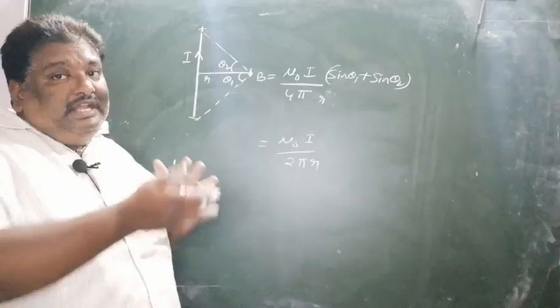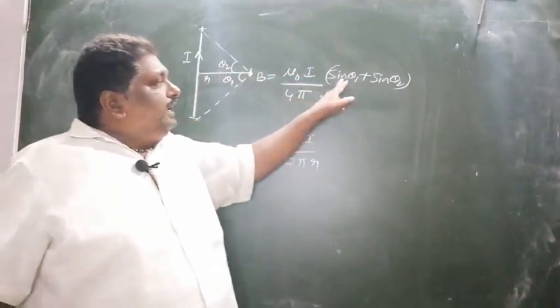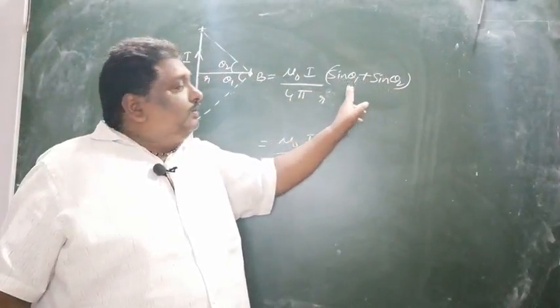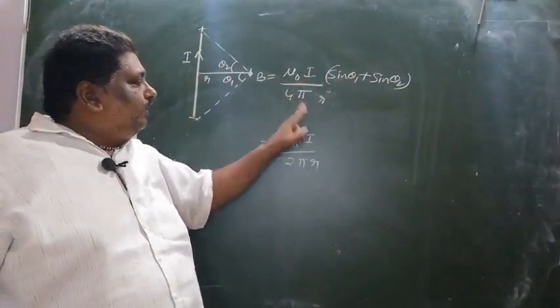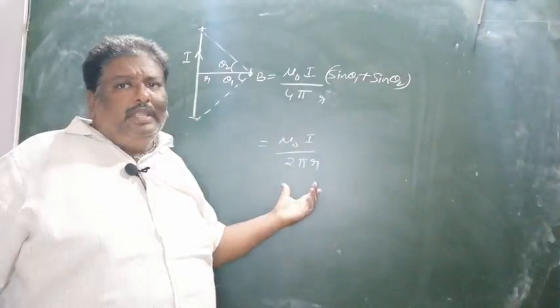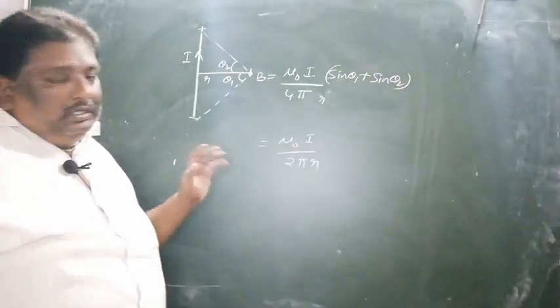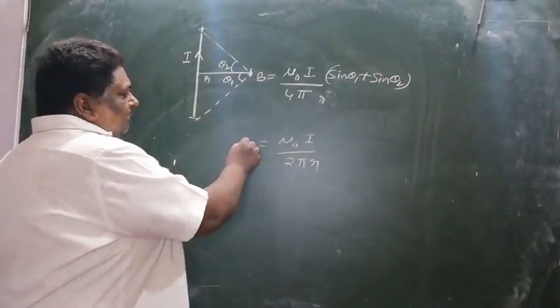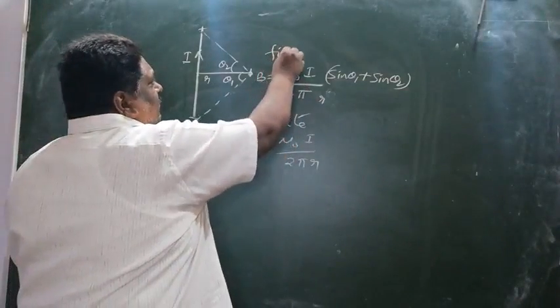Suppose it is infinite length, theta 1, theta 2 are 90 degrees, sin 90, sin 90. Here 1 plus 1, 2. 2 times will go, then mu naught I by 2 pi r. Mu naught I by 2 pi r is the formula for an infinite length conductor. The other is for finite.